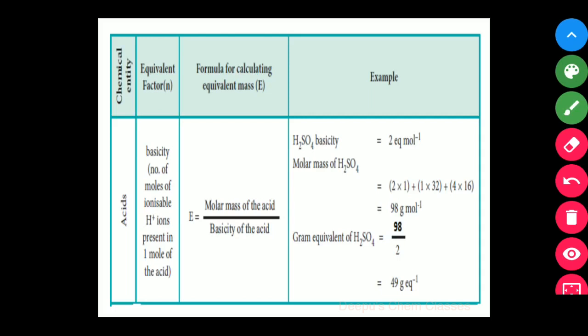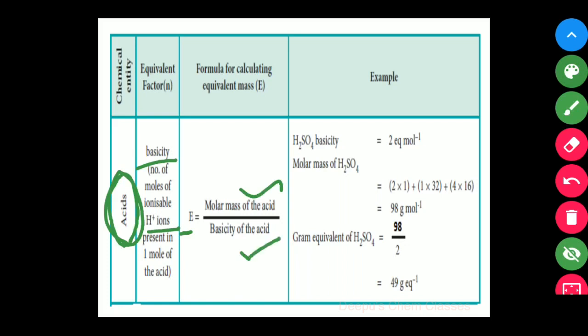The first chemical entity is acid. Let us find the equivalent mass of an acid. The equivalence factor for an acid is basicity. The number of replaceable H plus ions present in 1 mole of an acid is said to be the basicity of the acid. So the formula for equivalent mass of an acid is the molar mass of the acid divided by the basicity of the acid.